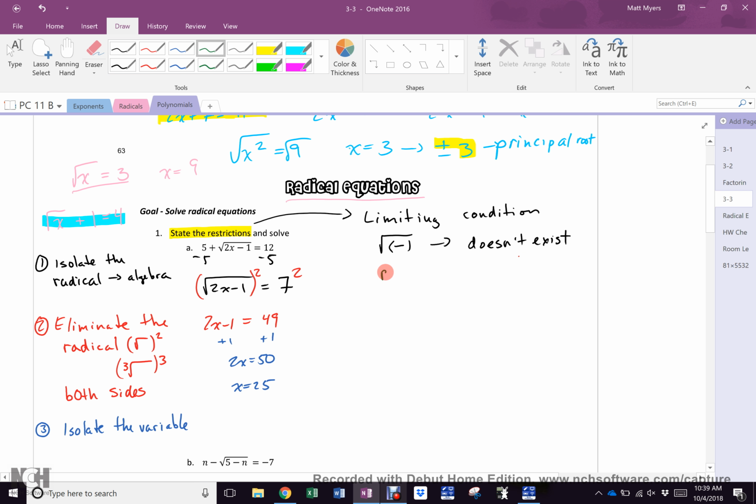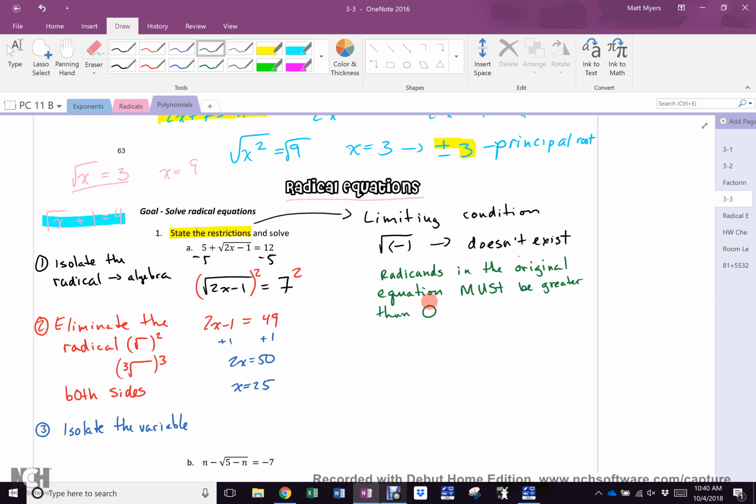We have to remember any radicands in the original equation must be greater than 0. Because if they're less than 0, they're negative, aren't they? And we can't have a negative.